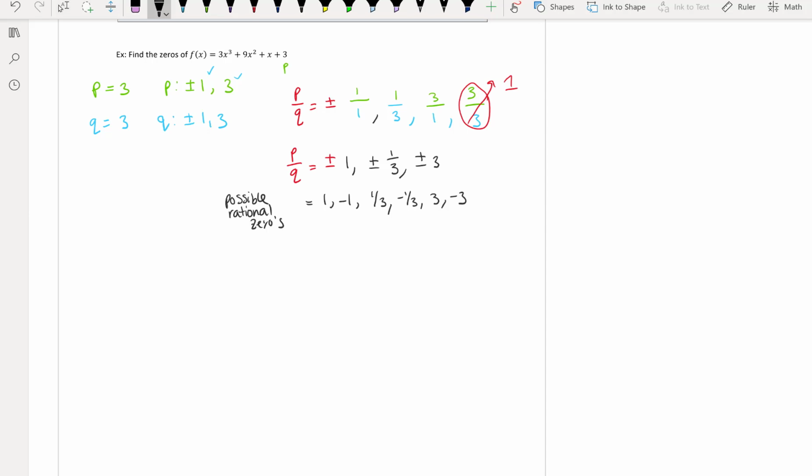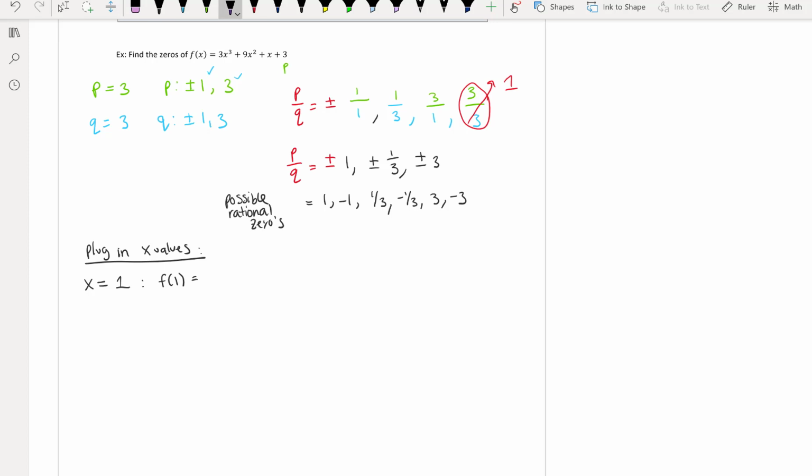I'm going to plug in x values. Okay, so I'm going to try that x is equal to positive 1. So I'm going to have f of 1. So I'm going to plug 1 into my function.